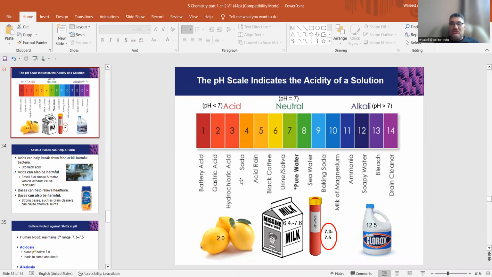That would be too deep for this course. What you're saying is totally correct. Seawater is between 8 and 9, 8.5, 8.6. But this is for our own knowledge; the course doesn't go that deep.